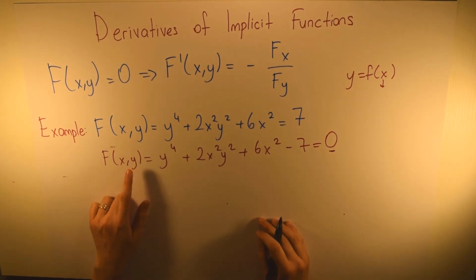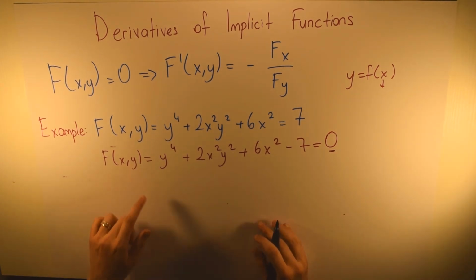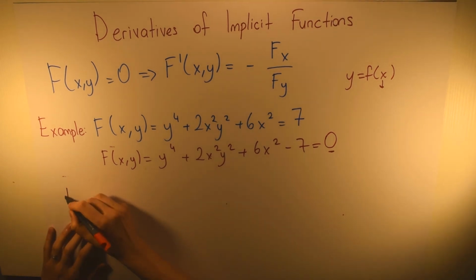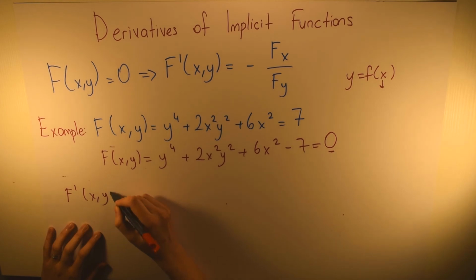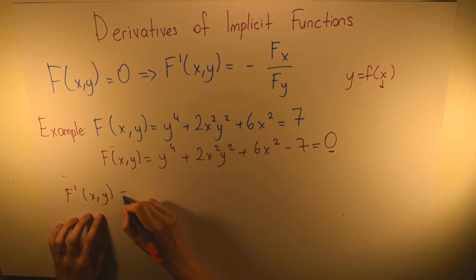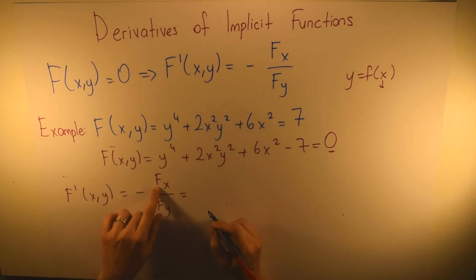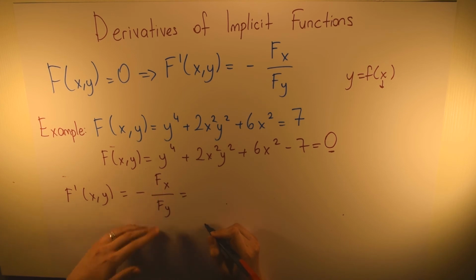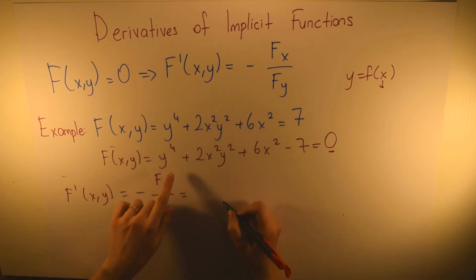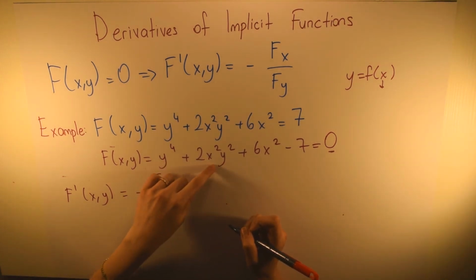Now let's find its derivative. The derivative, dy/dx, is equal to minus fx over fy, right? So this is the derivative of f with respect to x, so I will look at the variables with x.